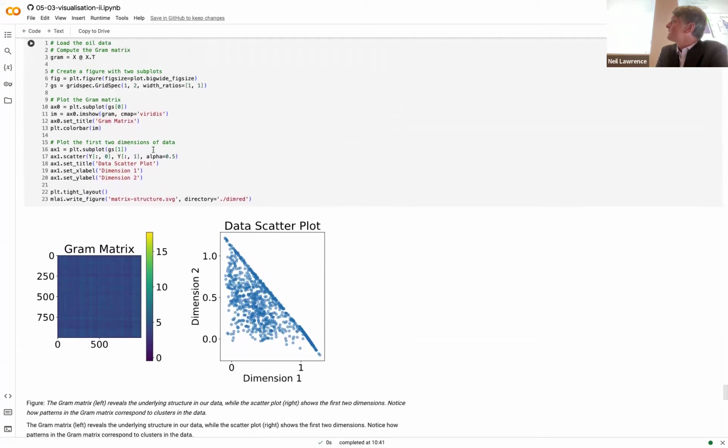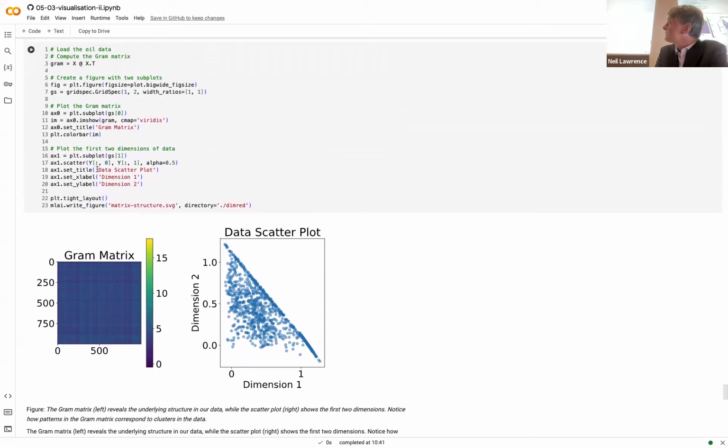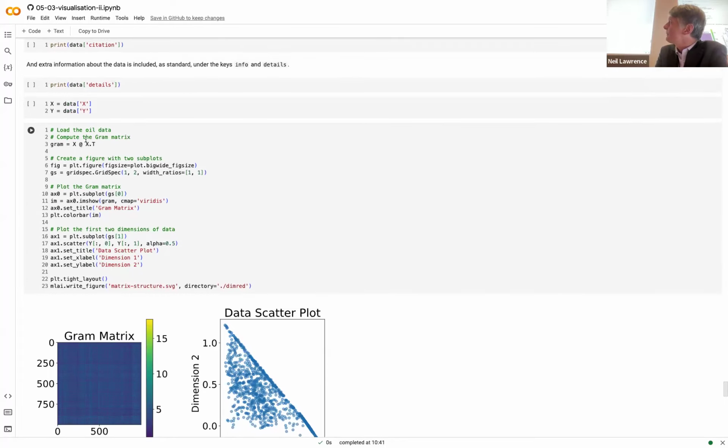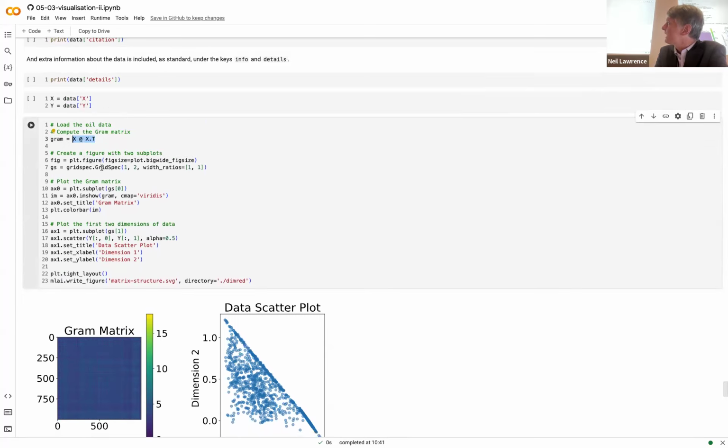But what we would like to be going on in this gram matrix representation is to see the structure that we expect to be in these labels here, in this interpoint distance matrix, right? So what we're doing here is creating this gram matrix, which is the inner product of the data matrix. And then we're just plotting that gram matrix on the left-hand side here as an image.